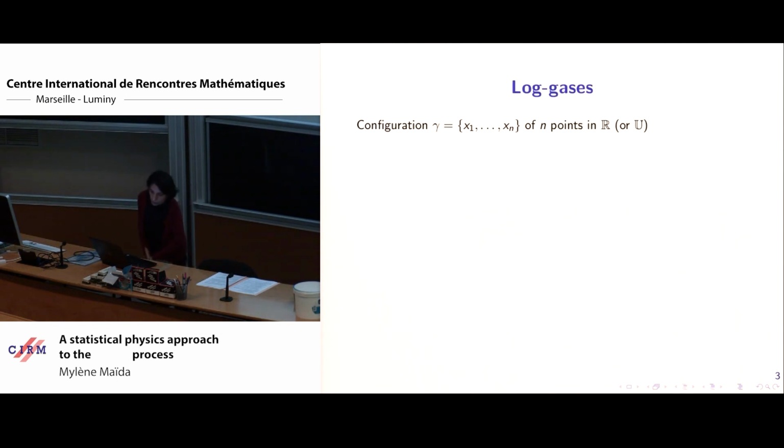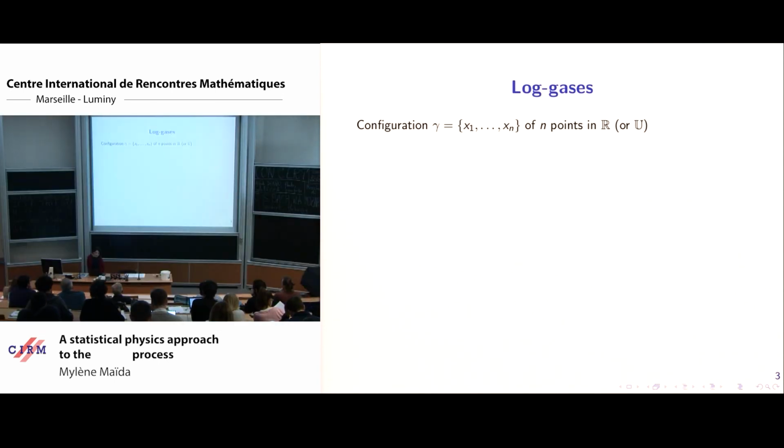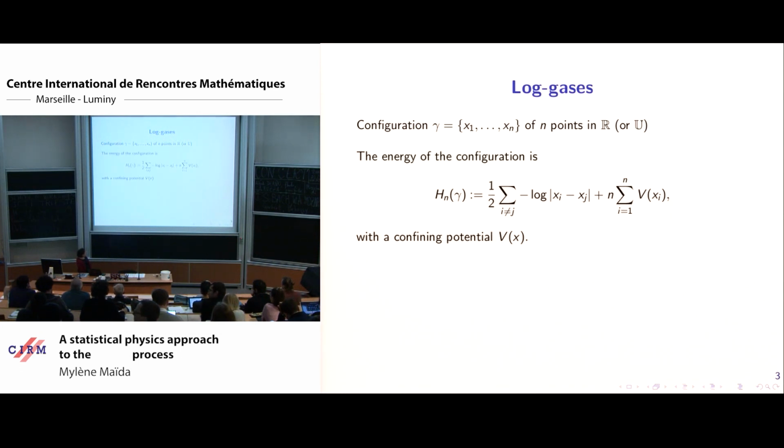So let's start with the log gases. My gases will be on the real line or the unit circle. So it's n points on the real line, and they are interacting through a logarithmic interaction. So it's a 2D Coulomb gas restricted to the line.